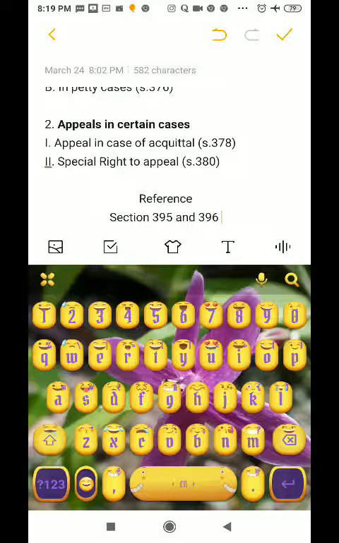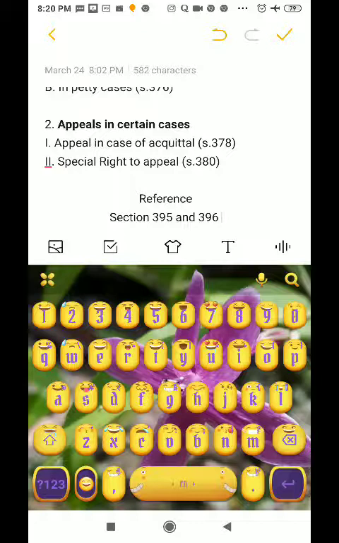Suppose there is a question which needs to be answered. So a person has filed a reference case before the authority to answer that question. If we see sections 395 and 396, then we can know about the term reference.